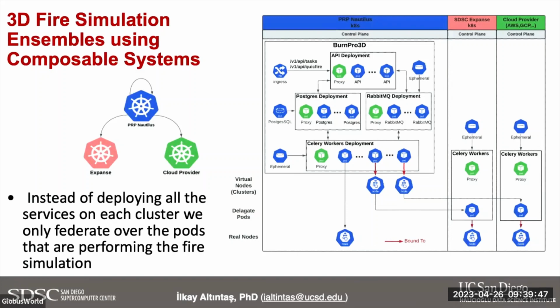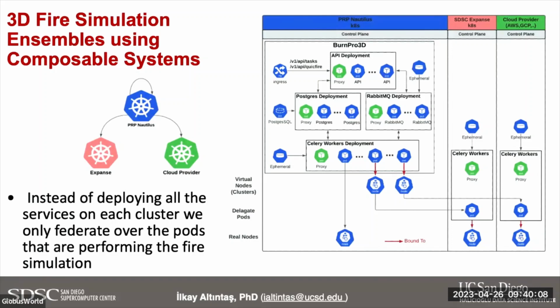And we were able to demonstrate using both Nautilus and Expanse together with cloud resources on AWS for running this type of ensembles. So it's again, the pooling of resources together with the containerization of these fire models.